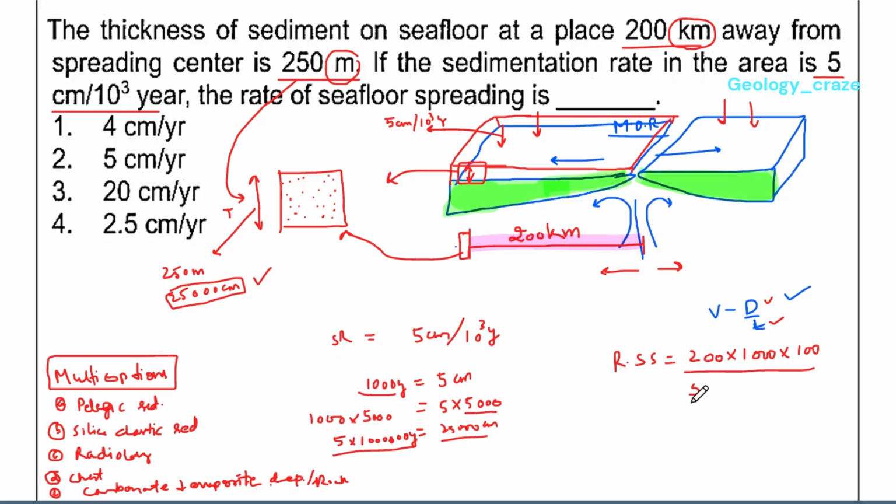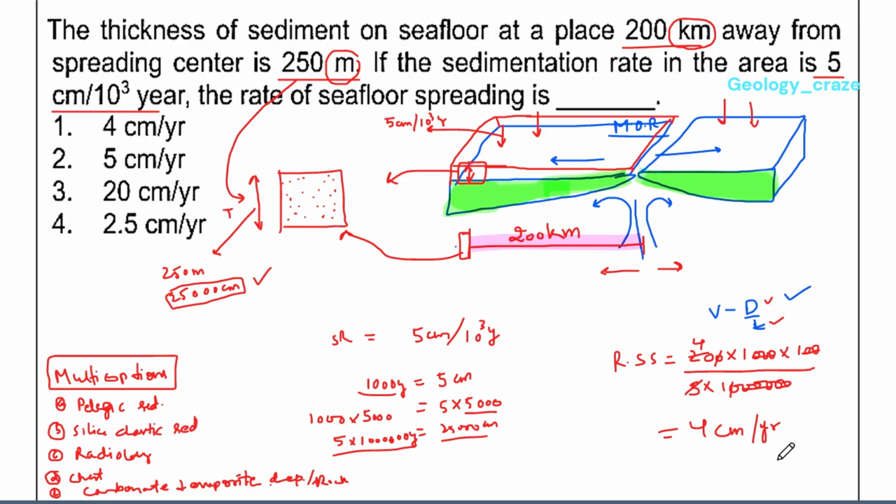So now it is 5 into 10 to the power 6, so these get cancelled. So we get 4 centimeter per year as our answer.